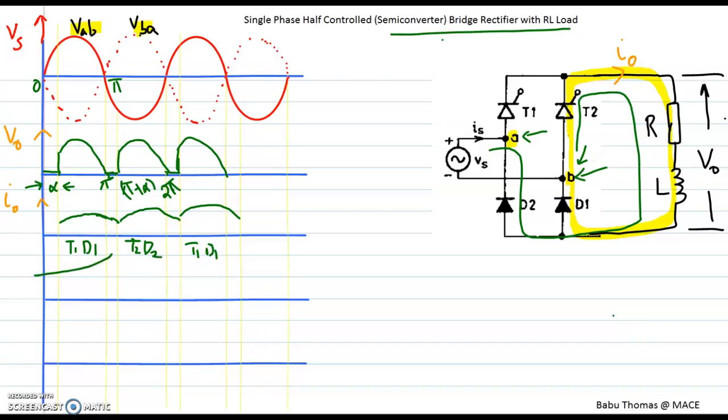It is T1 and D2. During this period, it was T2 and D1. Again, during this period, the devices which are conducting are T2 and D1. So that will be continuing.